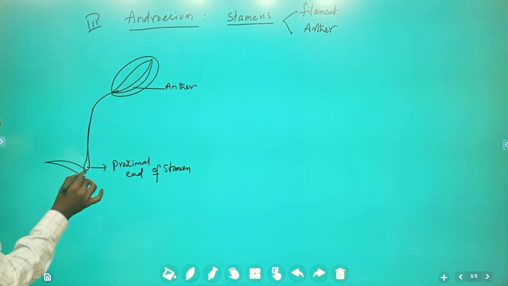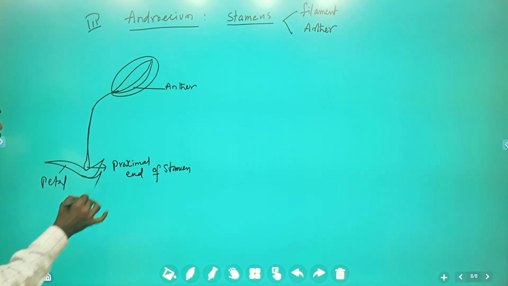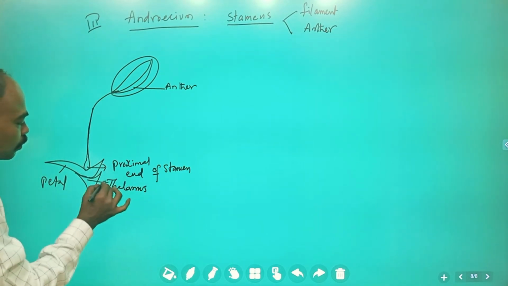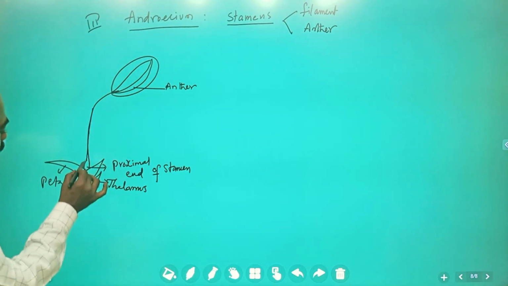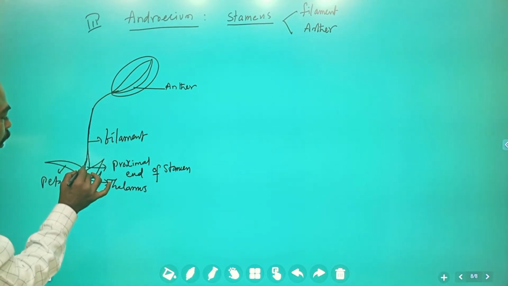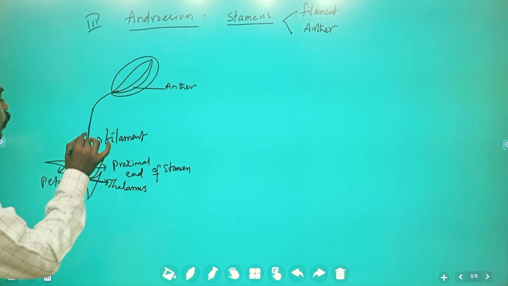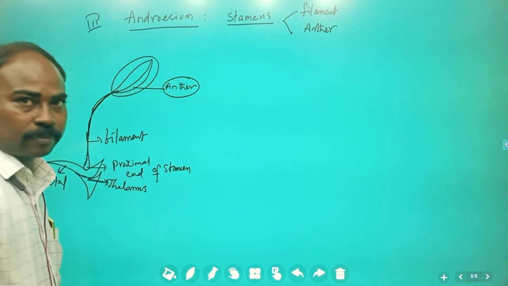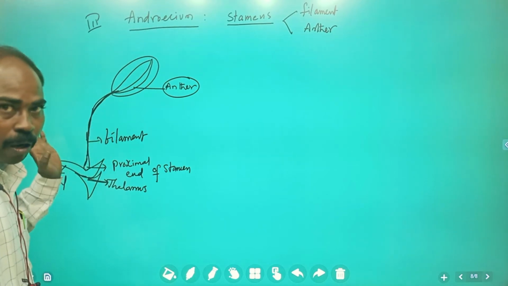Generally, this proximal end is attached with a petal or with the thalamus. So in a flower, the proximal end of the filament of a stamen is attached with the petal or with the thalamus, and the upper part develops into the anther. The anther is a globose, fertile part. The filament is a sterile stalk.